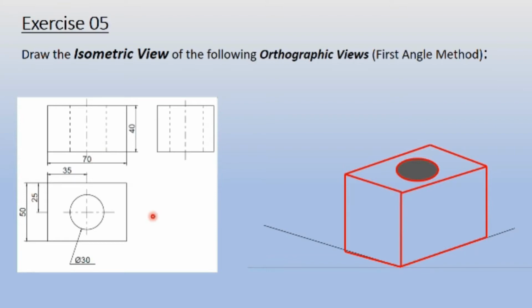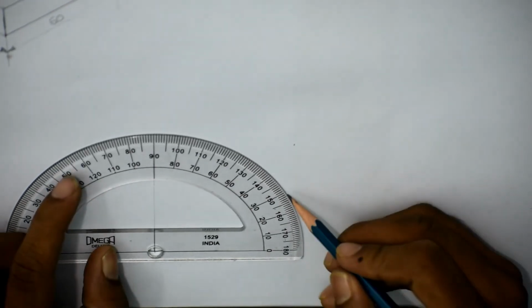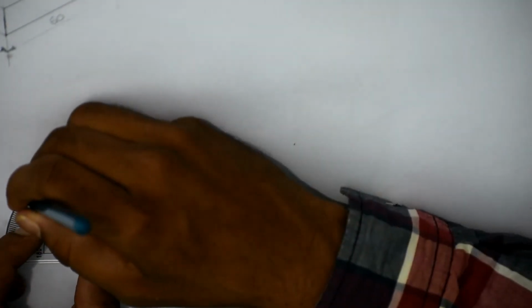Now we will see how to draw this. Now I am taking the first isometric lines as usual.